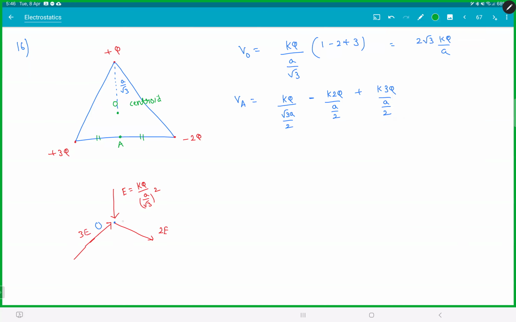And you can clearly look at these angles here. So if this is 120, this angle will be 60. So this angle will be 30, isn't it? The total is 90, na?